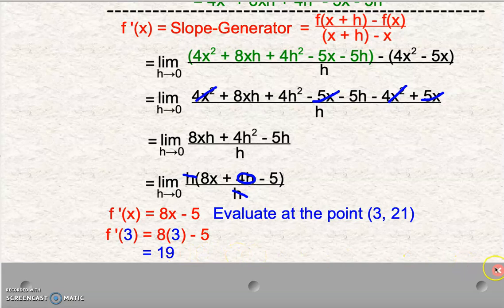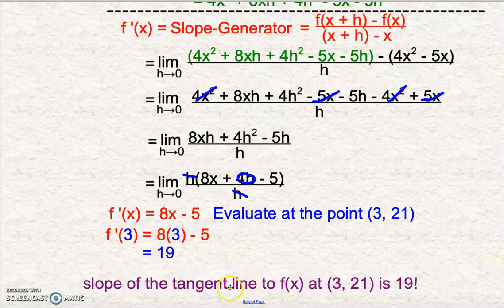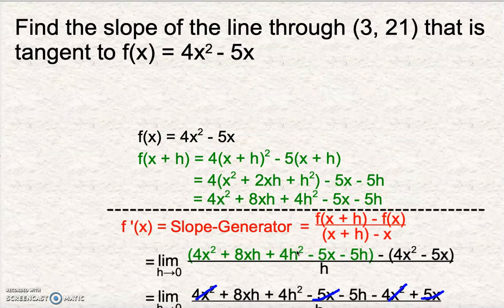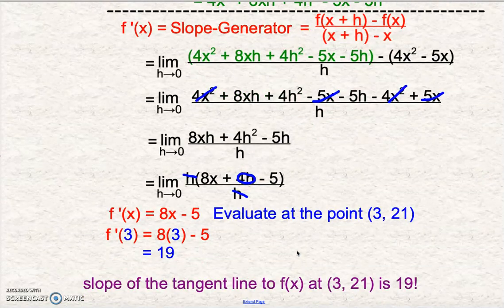And now to write the equation, my final thing, I have the slope of the line. Oh, I guess I didn't have to write the equation, did I? Nope, just find the slope. Well, let's write the equation anyway. We've got the time.